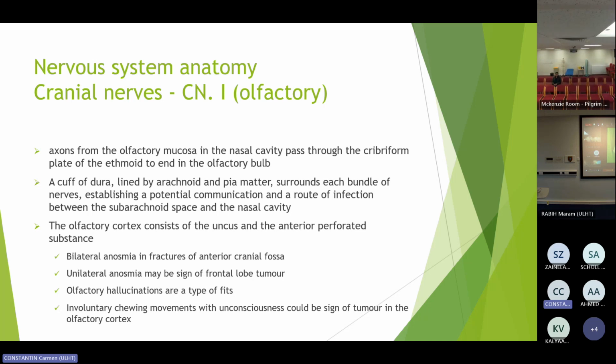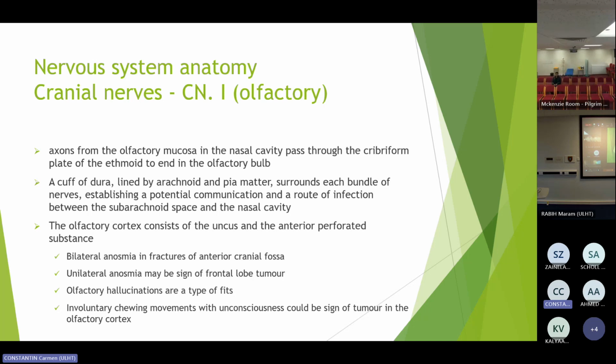So in the olfactory, cranial nerve 1, as you know, the axons are formed from the olfactory mucosa in the nasal cavity, pass the cribriform plate of the ethmoid, and end up in the olfactory bulb.